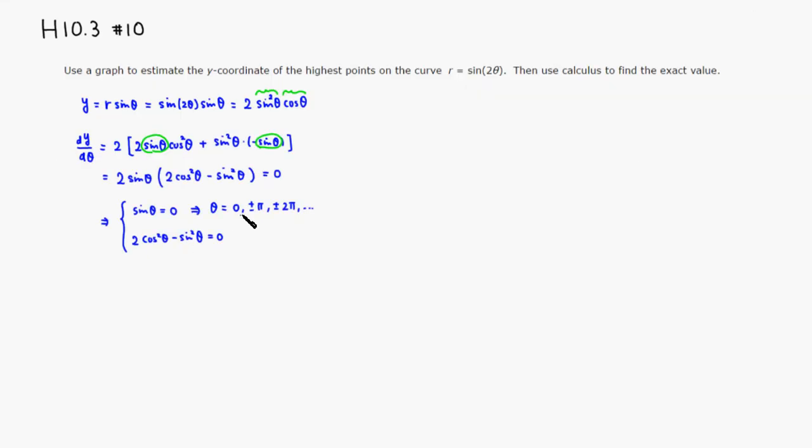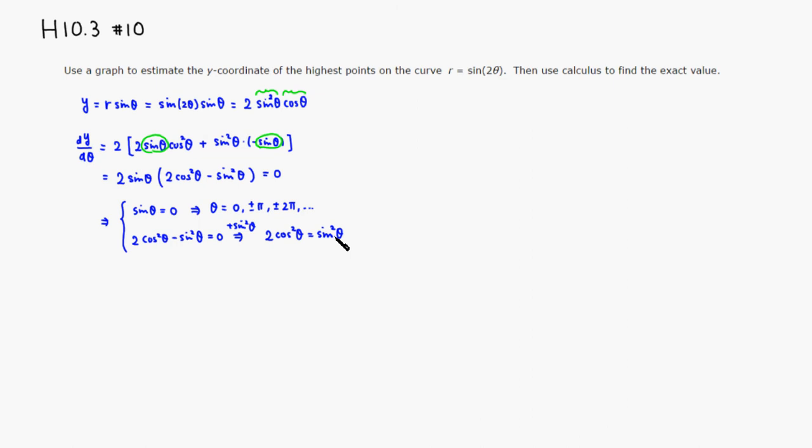All right, so if you solve this, first I'm going to add sine squared of theta. So you have 2 cosine squared of theta is equal to sine squared of theta.